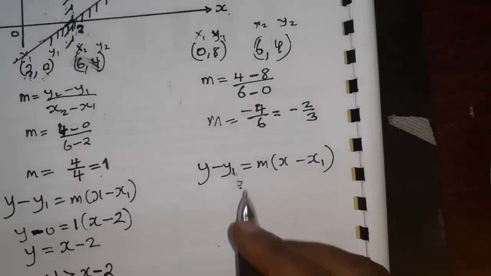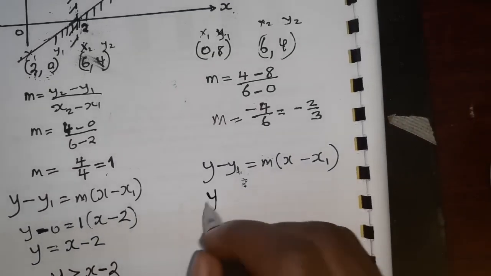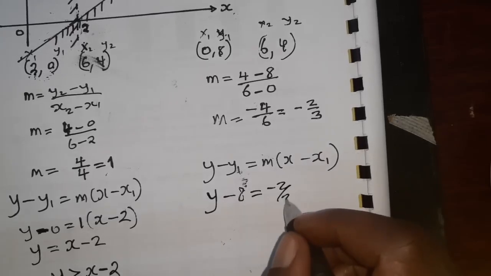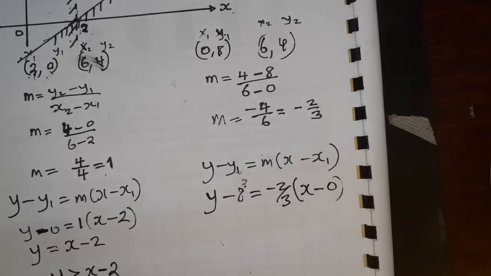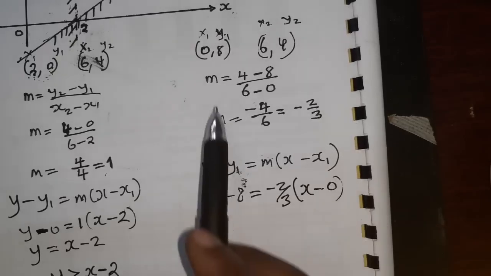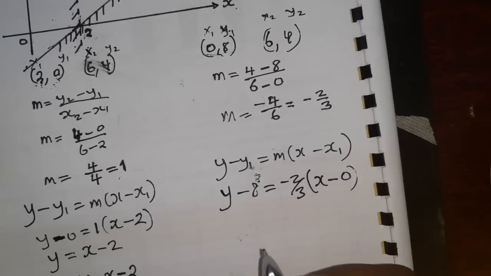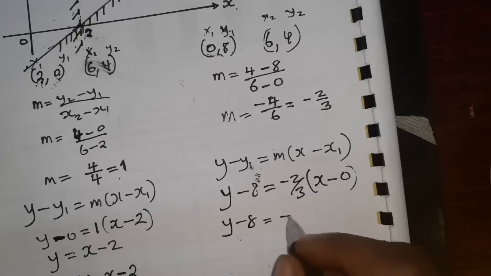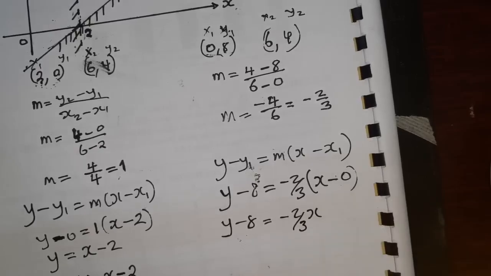And this side, what do you need to do this side? You also say y minus 8 is equal to negative 2 over 3 times (x minus 0). Okay? We're using these coordinates here. So we're going to have y minus 8 is equal to negative 2 over 3 x, because this will be 0, isn't it? That part is going to give us 0.